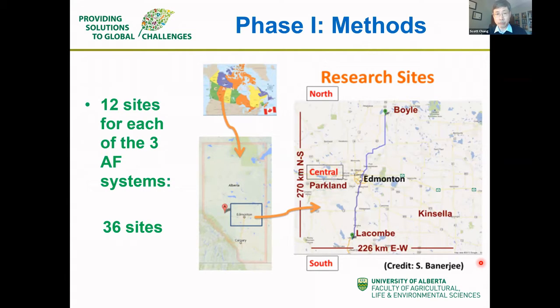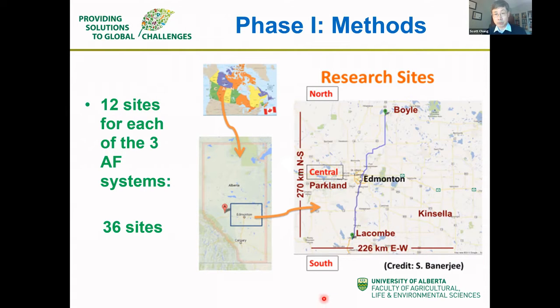For the first phase, the basic research approach was to study the 3 different agroforestry systems. For each agroforestry system, we selected 12 sites across a fairly wide area, centered along Edmonton: 270 kilometers north, south, and 226 kilometers east, west.